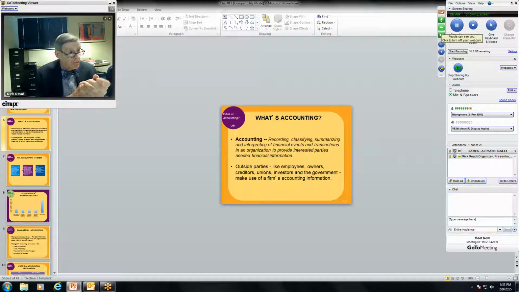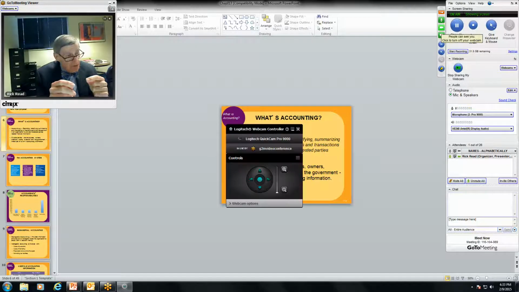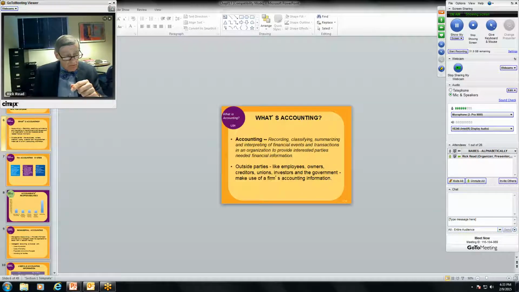So you're writing it down, saying where it belongs and what type of transaction this is. Then you're coming up with a summary of what you've done, and you're making some value judgment of what those numbers mean. And then you're going to provide that information to various and sundry parties.